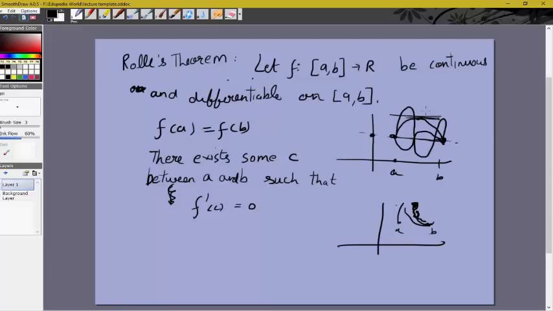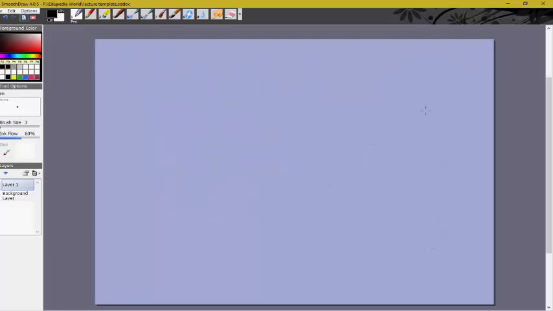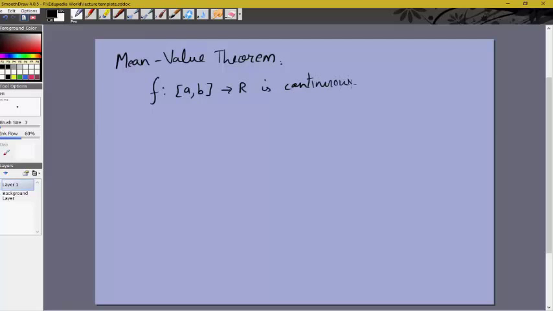This is called Rolle's theorem. And the next theorem is an extension of Rolle's theorem, which is called the mean value theorem. The conditions for the mean value theorem are the same. f from [a, b] to R is continuous and differentiable in the region (a, b). Now there is no f(a) equal to f(b) here.